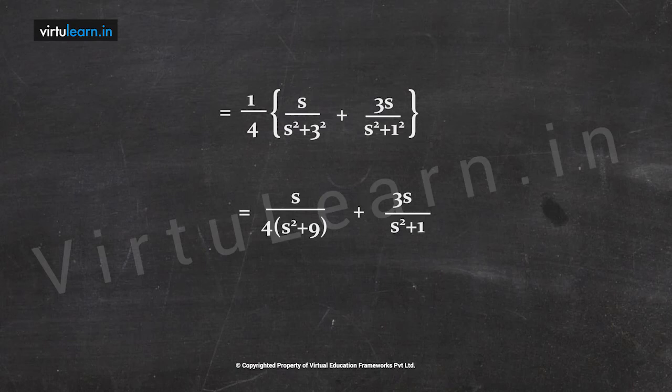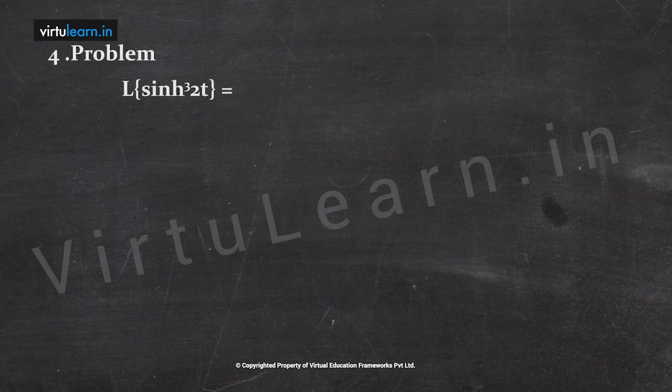Now let me explain one hyperbolic function: Laplace transform of sinh cube 2t. Now observe this one. Sinh at I gave you, but here they have given sinh cube 2t. You know very well the sinh 2t formula: e power 2t minus e power minus 2t by 2.